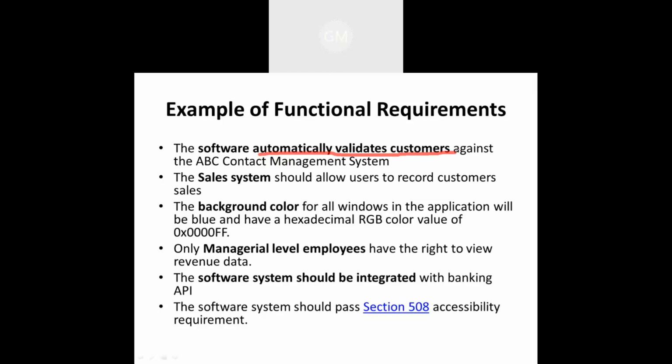This is the first example. The second example is sales systems, where a sales system should allow users to record their customer sales. For example, you can consider Amazon, an online buying and selling web portal, where we can purchase so many items every day.